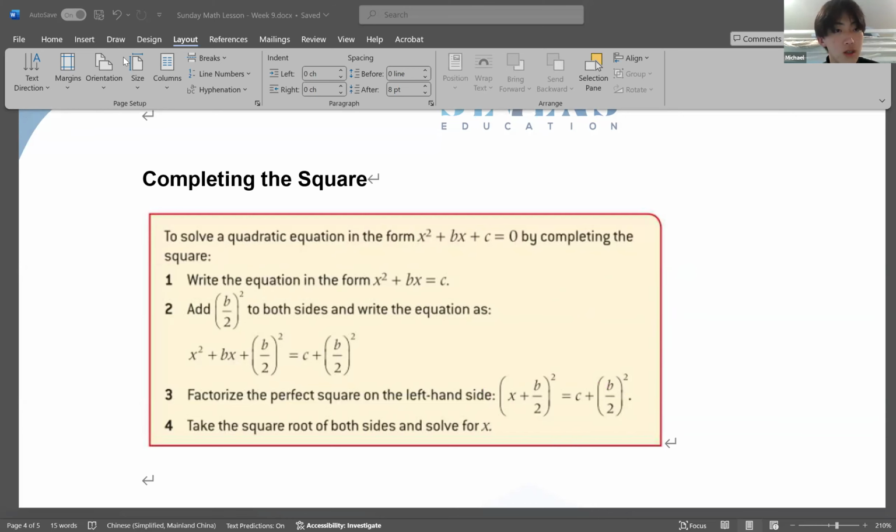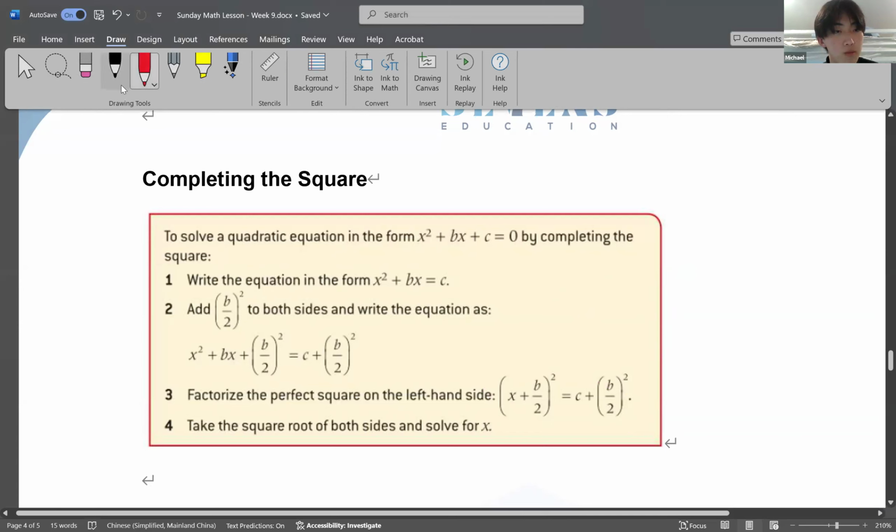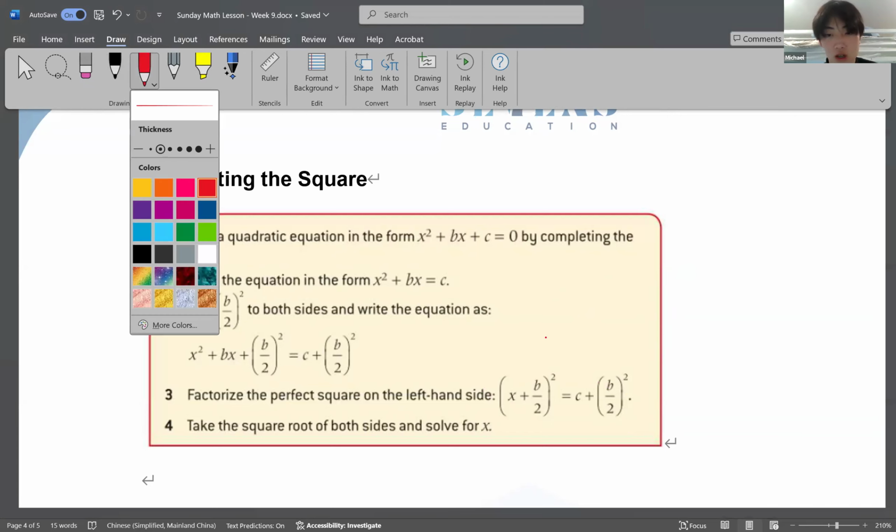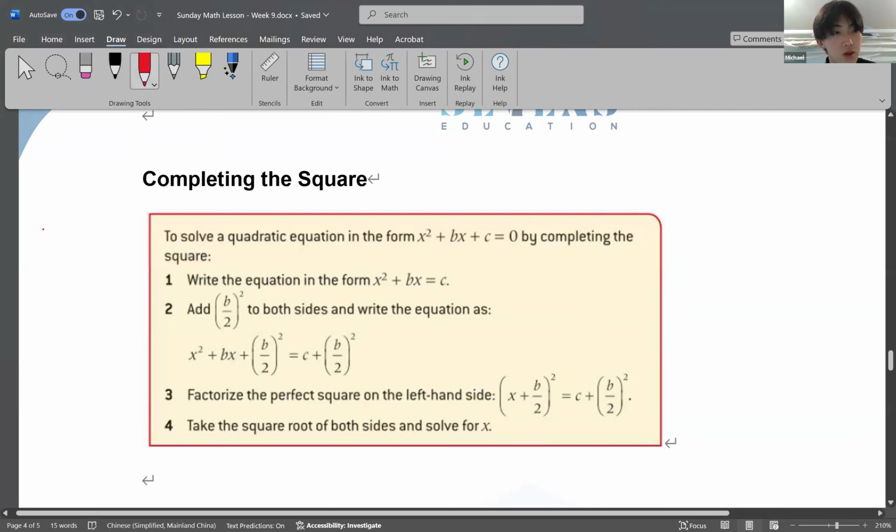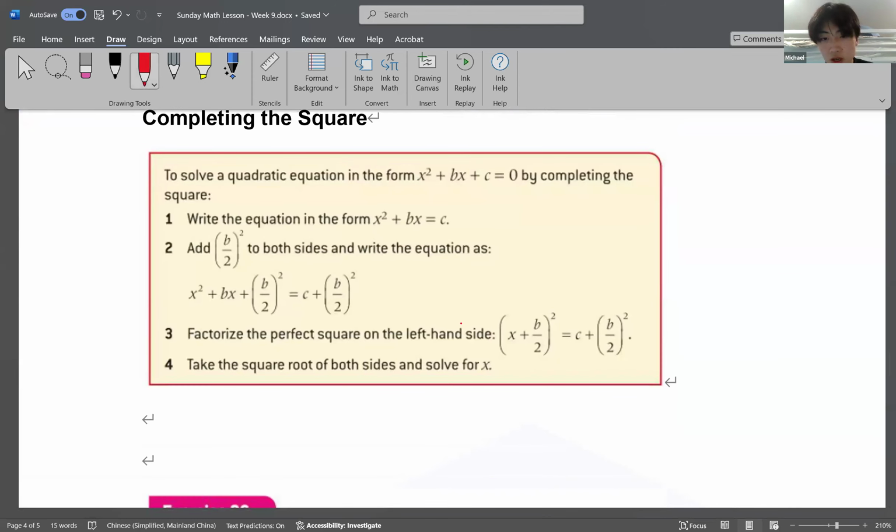Okay, let me draw something here. Red pen. All right, cool. So the first step here will be square rooting both sides, but we know that square rooting the right involves a plus or minus.